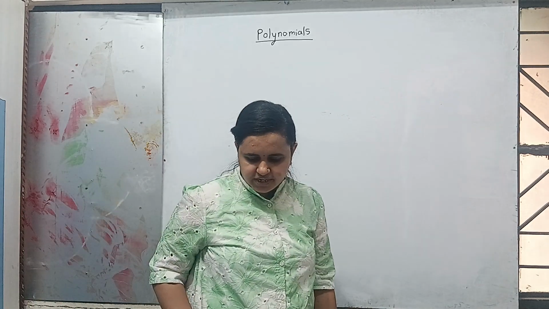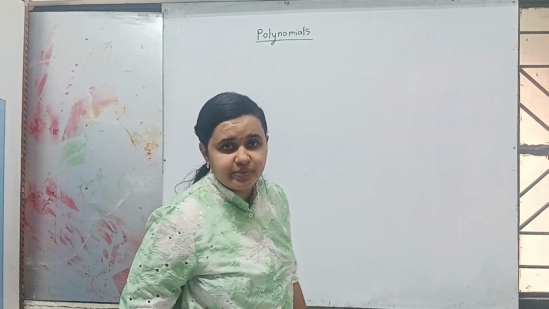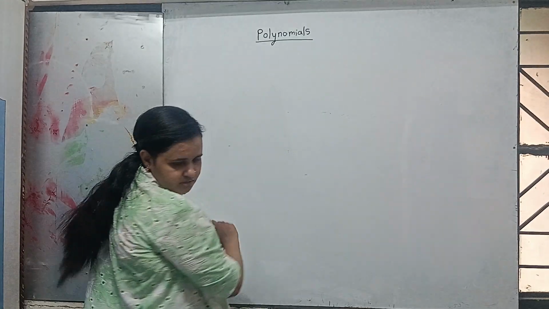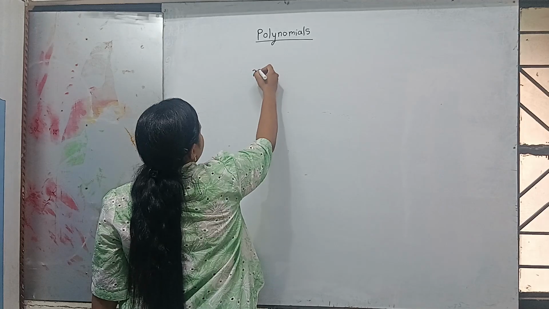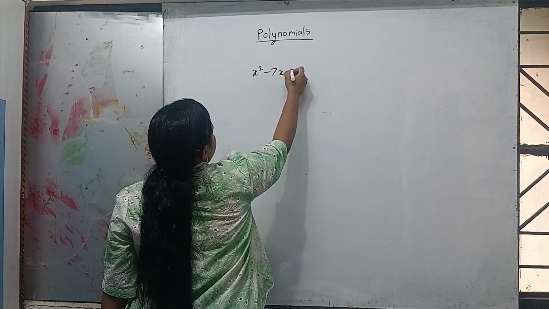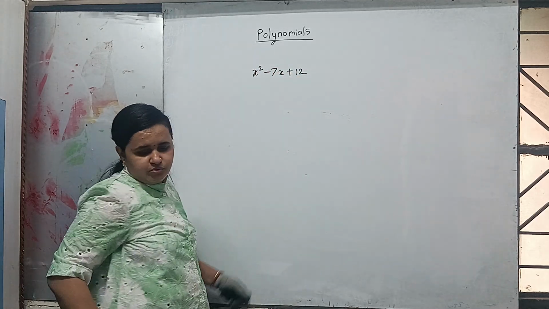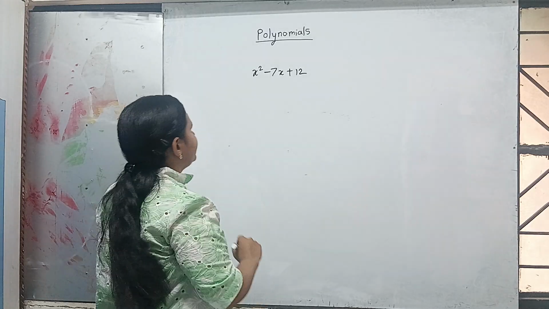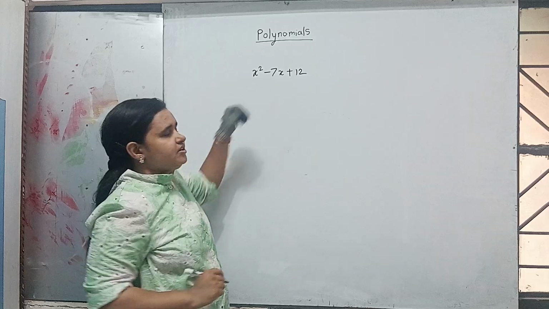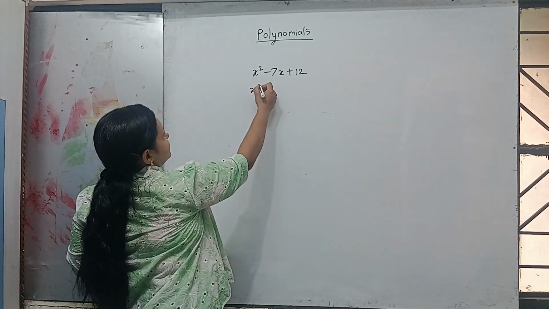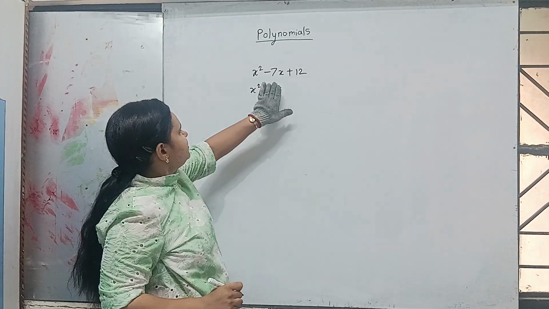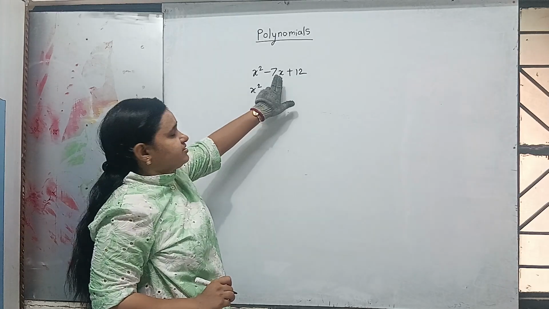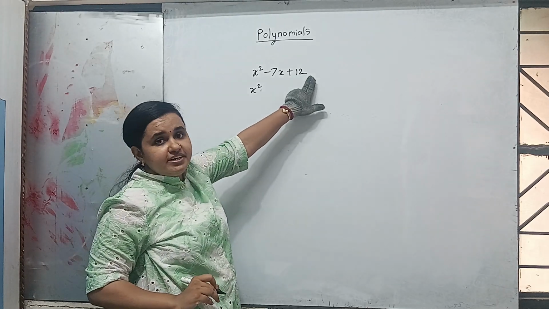Now next. The zeros of the polynomial x square minus 7x plus 12. We have to find the zeros of this polynomial. How we will find? We have to split the middle term in such a way that its sum should be minus 7x and multiplication should be 12.